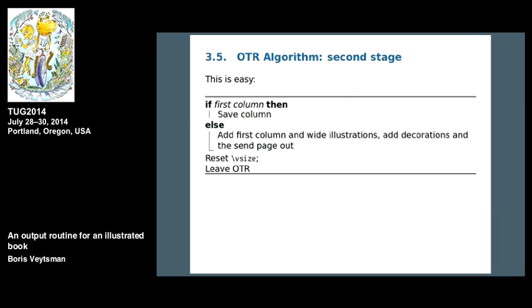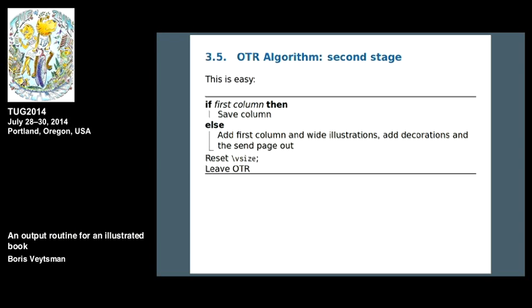Okay, second stage of the OTR. The second stage is really easy, because if I'm at the end of my first column, I don't have a second column yet, so I will just save it and go ahead. If I have two columns, I need to add illustrations, because maybe I already have some wide illustrations here, or maybe I also need to add decorations.